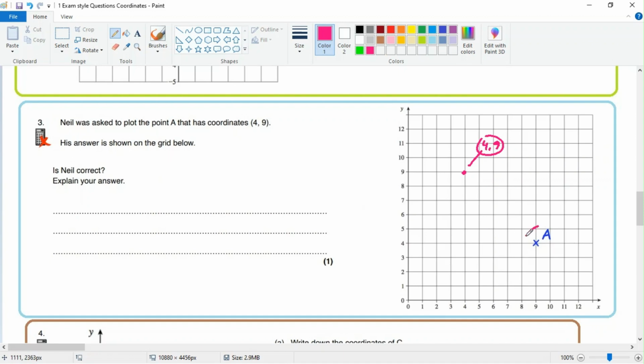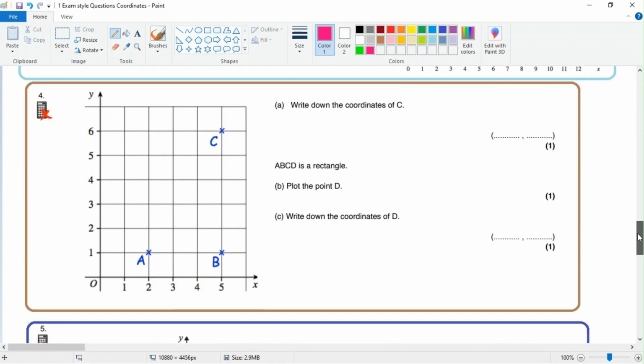So this is a wrong answer, because the coordinates of this one are going to be 9 and 4. This is 9 and 4, not 4, 9. So both are very different. Most of the students make this kind of mistake. Always remember, the mistake Neil has made is that he has taken the x coordinate as y and the y coordinate as x.